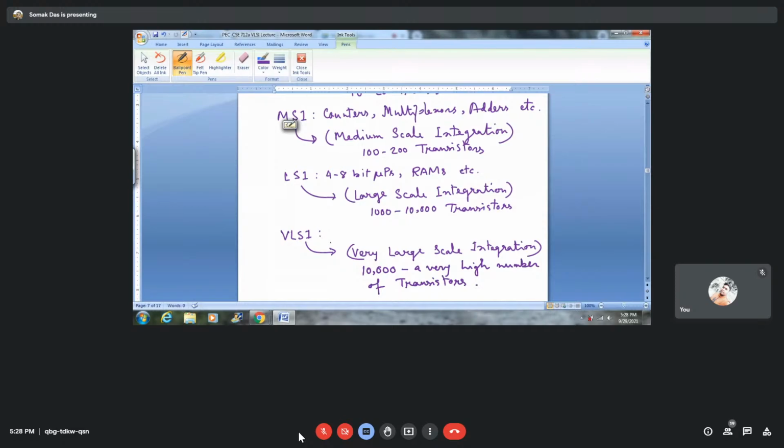So the examples are 16 and 32-bit microprocessors, high density RAM, and so on.